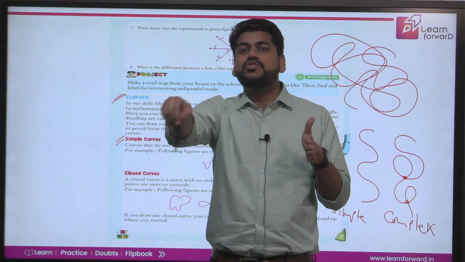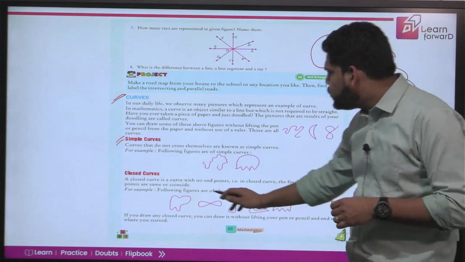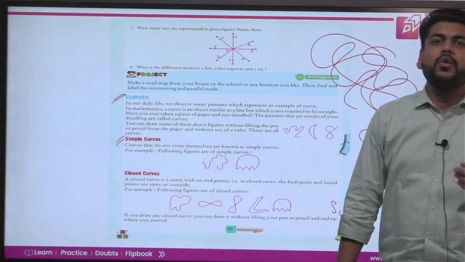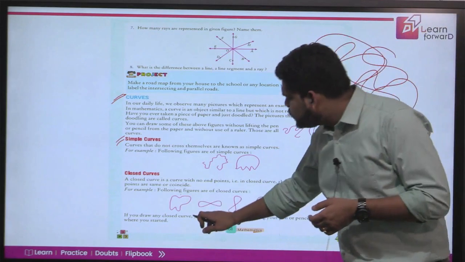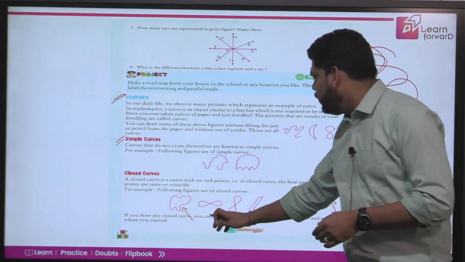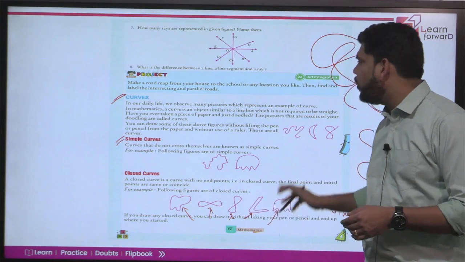It's a closed curve because there is no start or ending point. Also you can imagine that there is no way to enter these curves. There is no door to it. These are closed ones. You cannot enter.